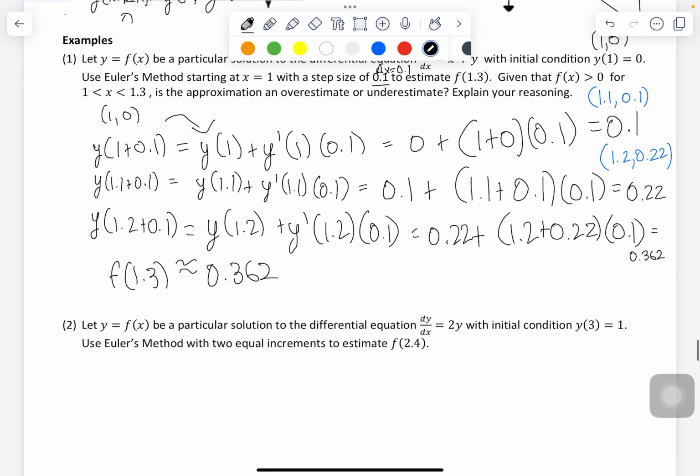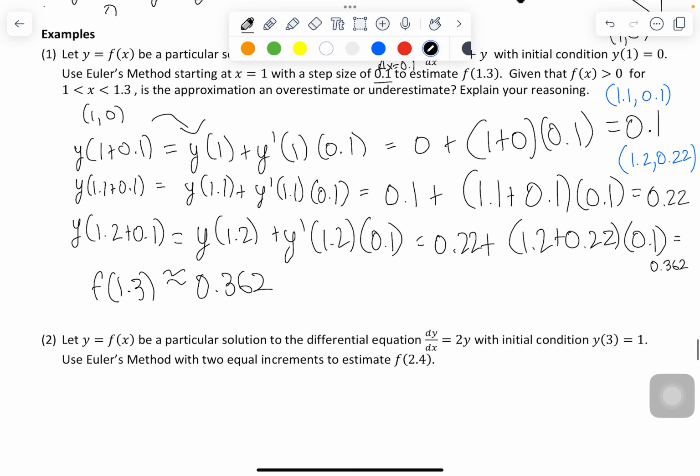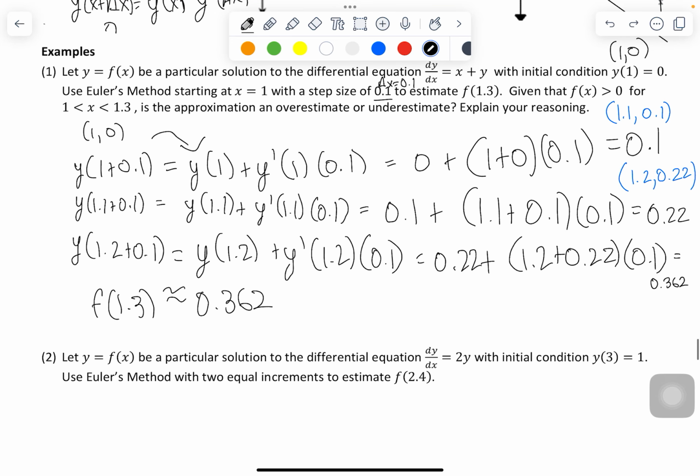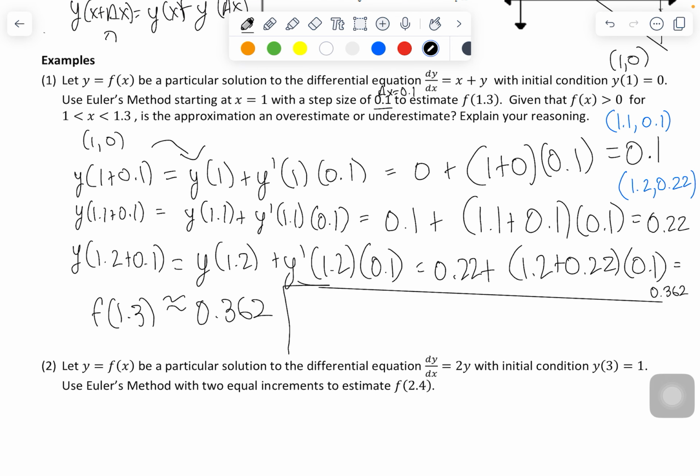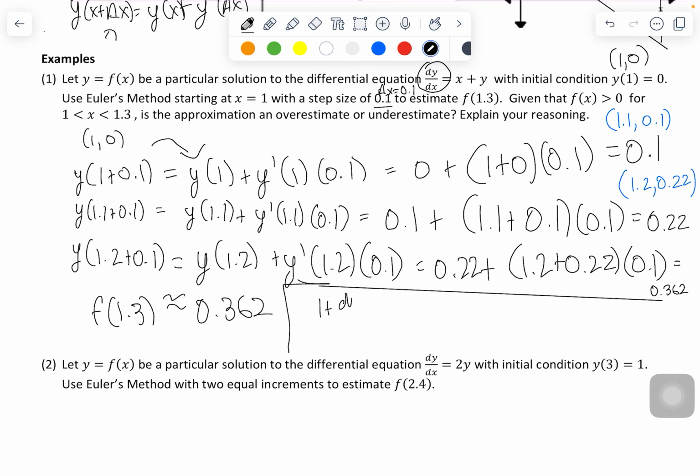And now we can finally find if it's an underestimate or an overestimate. And to do that, we'd have to find if the function is concave down or concave up. So I'm given my first derivative, and then the derivative of that is 1 plus dy over dx, which is equal to 1 plus x plus y, since dy over dx is x plus y.